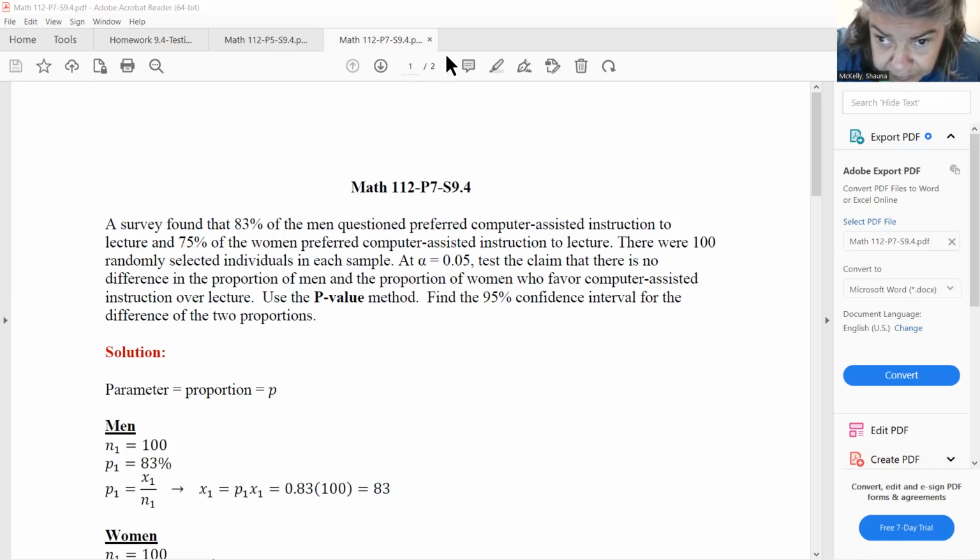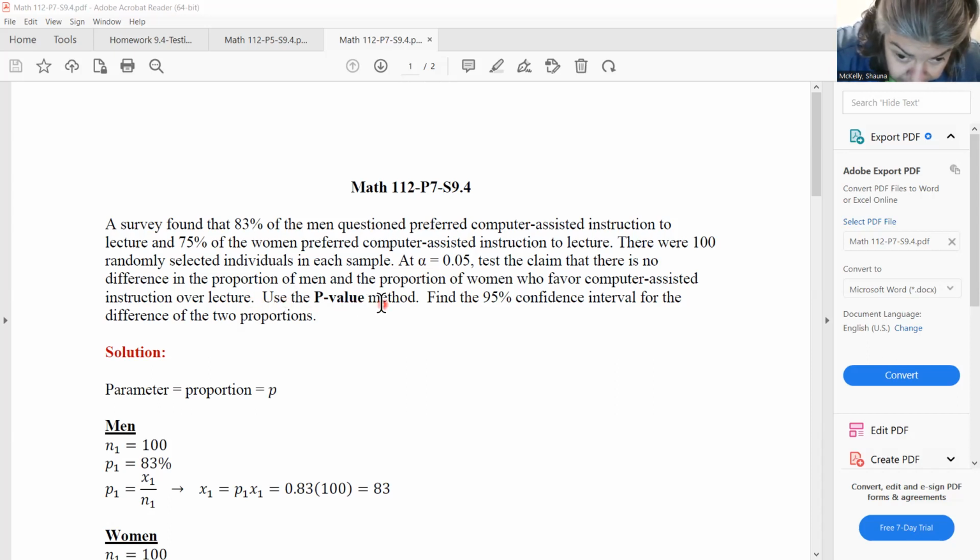It says at alpha equals 0.05, test the claim. That's a hypothesis test, that there is no difference in the proportion of men and the proportion of women who favor computer-assisted instruction over lecture. Okay. So the first part is to do the 5-step hypothesis test using the p-value method.